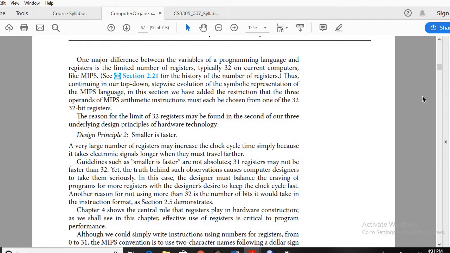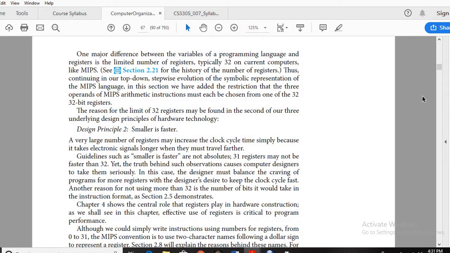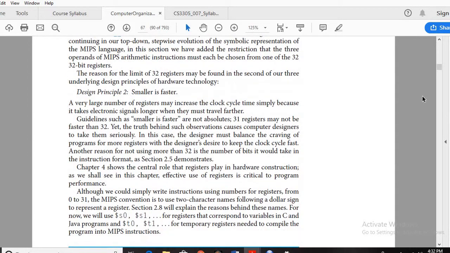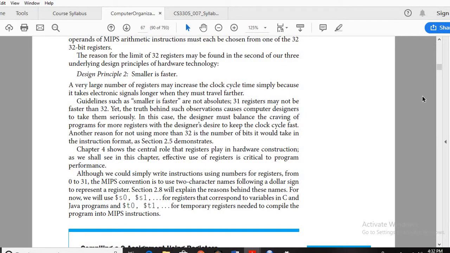Another reason for not using more than 32 is the number of bits it would take in the instruction format, as section 2.5 demonstrates. Chapter 4 shows the central role that registers play in hardware construction. As we shall see in this chapter, effective use of registers is critical to program performance. Although we could simply write instructions using numbers for registers, from 0 to 31, the MIPS convention is to use two-character names following a $ sign to represent a register. 2.8 will explain the reason behind these names.